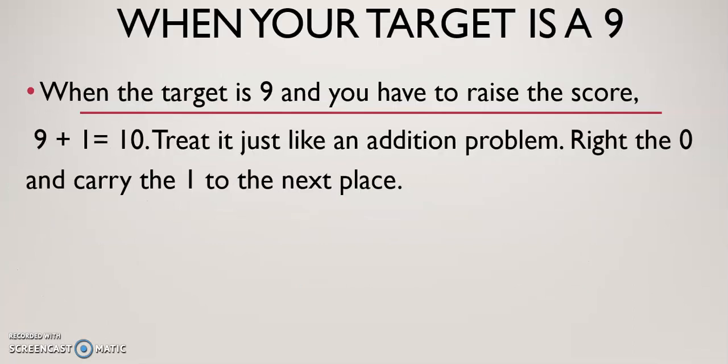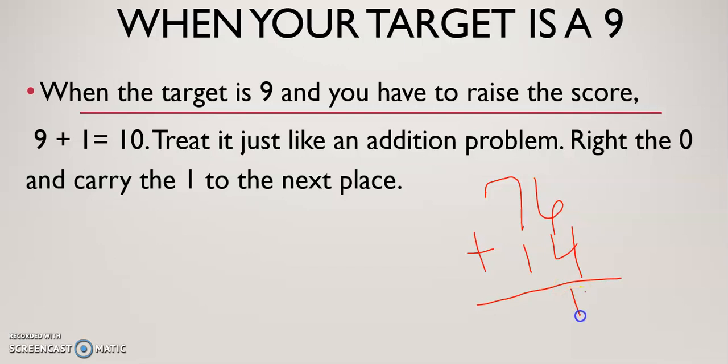And when your target digit is a 9 and you have to raise the score, we know that 9 plus 1 equals 10. We're going to treat it just like an addition problem. Say I have 76 plus 14. I know that 6 plus 4 is 10.